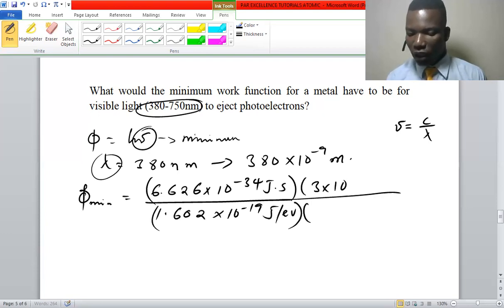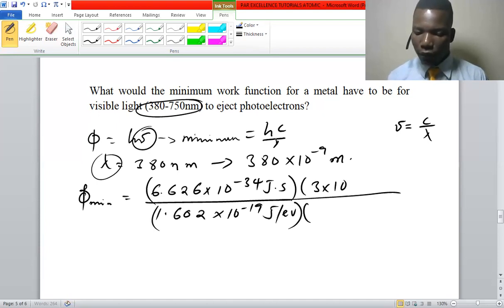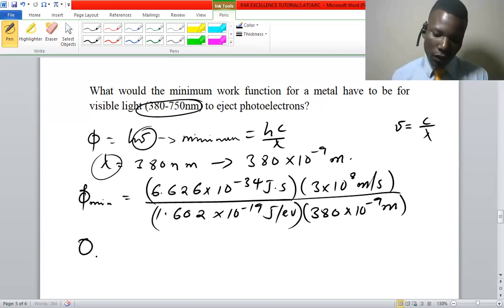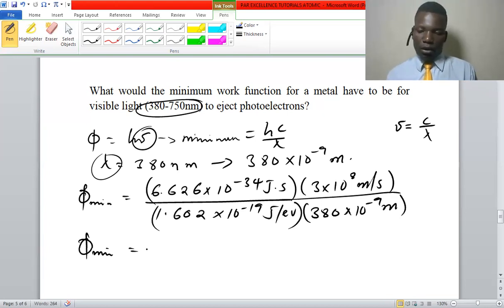If we substitute here, it's going to be something like this: 3 by 10 to the power 8 meters per second. And then we also place our wavelength in meters like that.